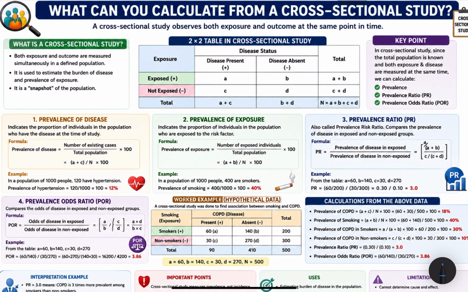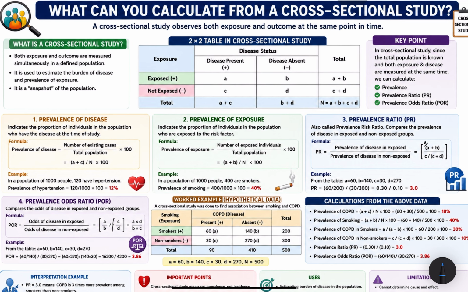So how many existing cases are there? That we can see here, disease present A plus C. So we will put it down here. A plus C upon N, N is total population, upon 100. So we will get the prevalence. For example, if there are 1,000 people and 250 have hypertension, then prevalence will be 25%.